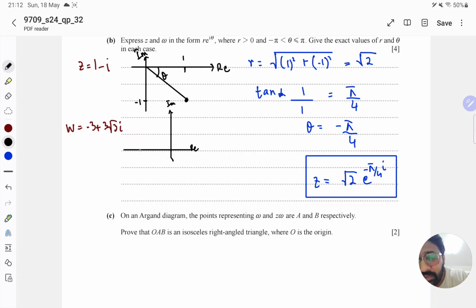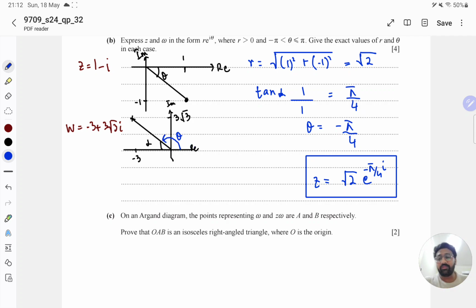So it's going to be at minus 3 and 3 square root of 3, somewhere here. So this is going to be the basic angle, and this is the theta that we need to find out.